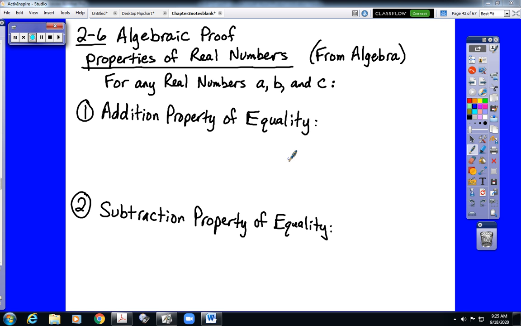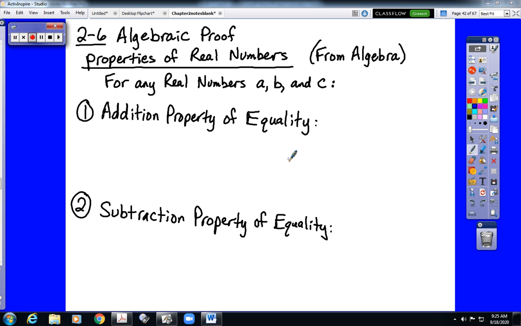The first thing we need to talk about here is properties of equality of real numbers. And what that means is A, B, and C are going to be real numbers. So we need to discuss, well, what are real numbers? Real numbers would be any number that you have worked with up through this point.